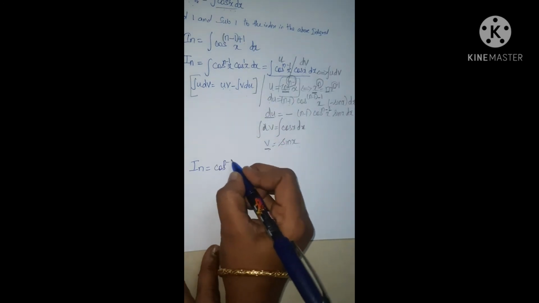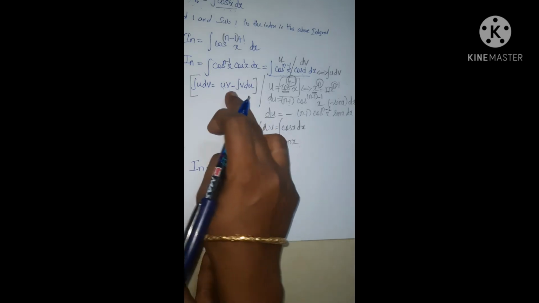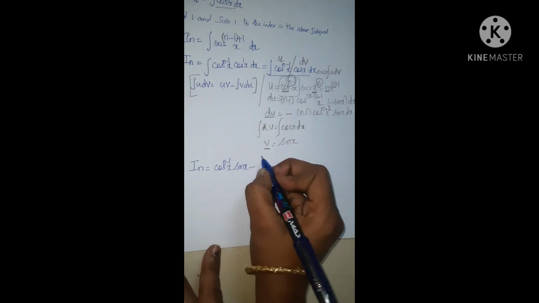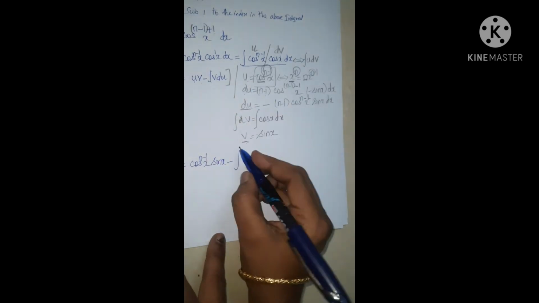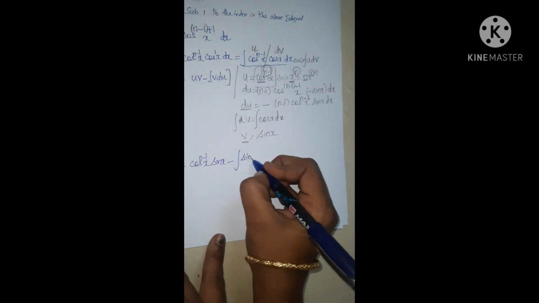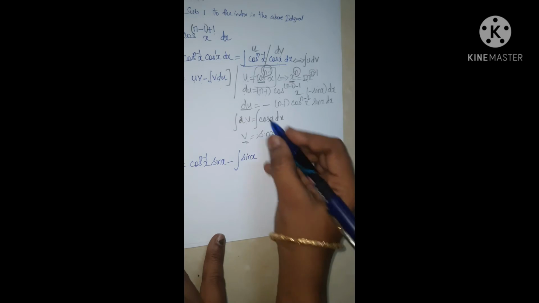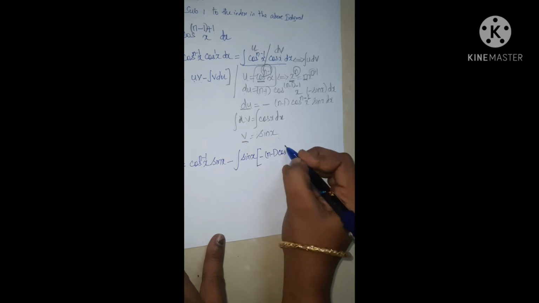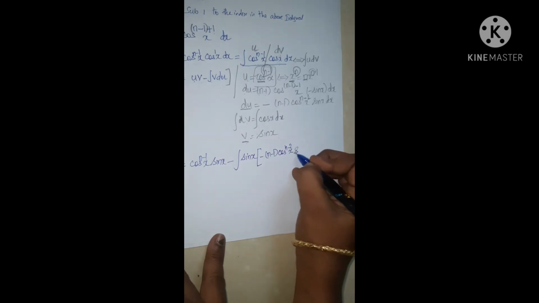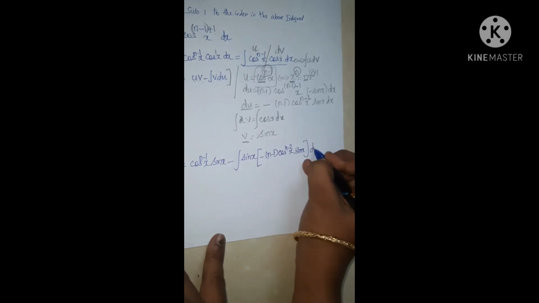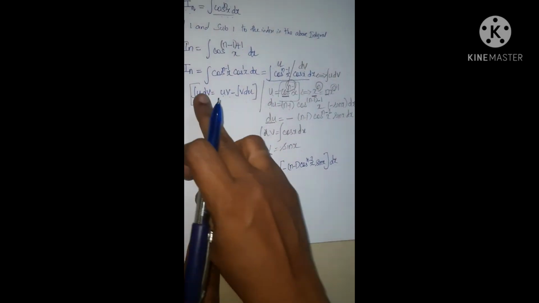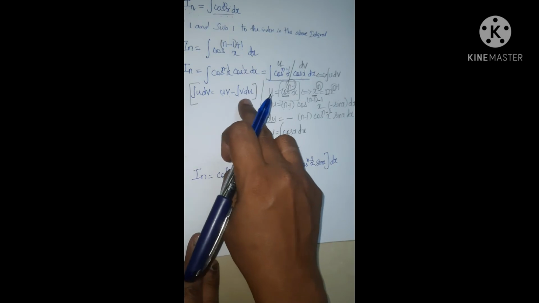Cos power n minus 1 x. What is v? Sin x. Minus integral v du. What is v? Sin x. What is du? We have found it: minus of n minus 1 cos power n minus 2x sin x dx. So substitution is done in the formula uv minus integral v du.